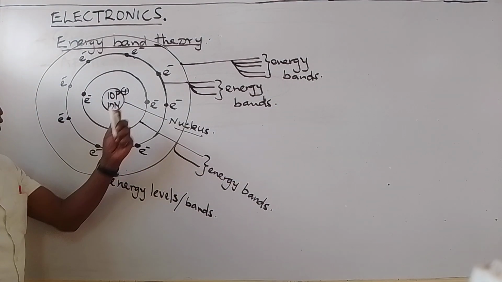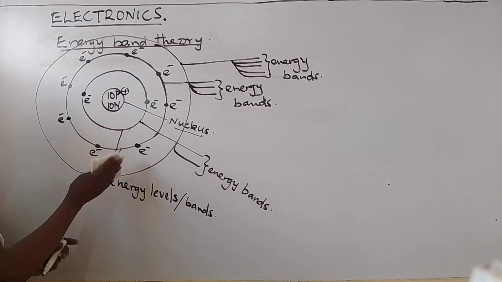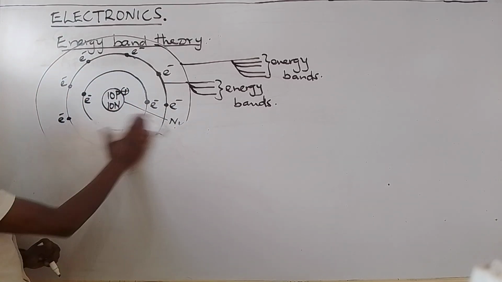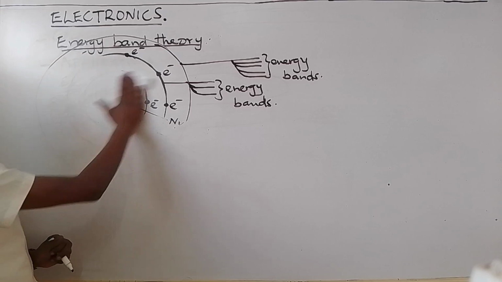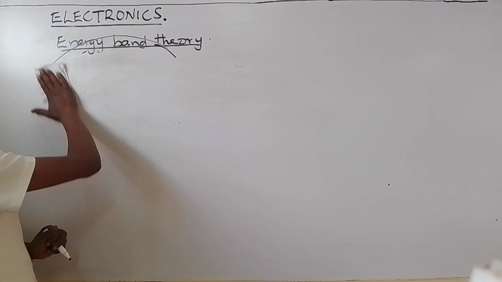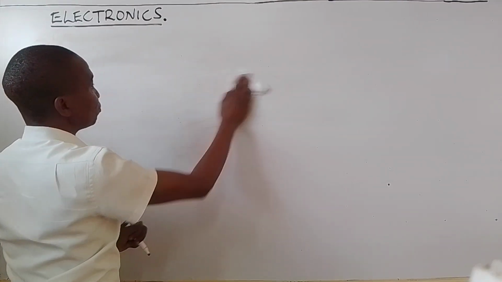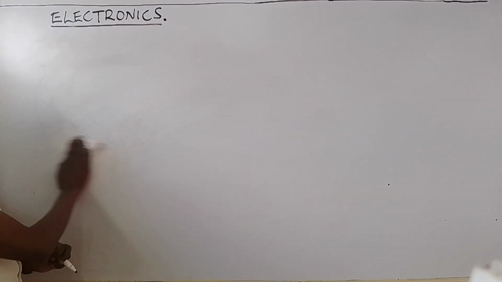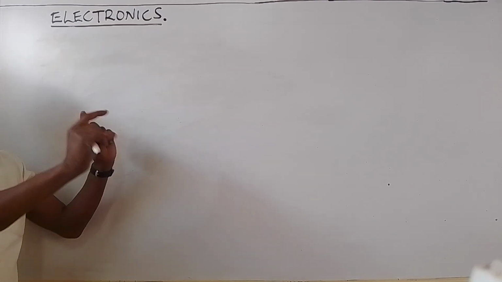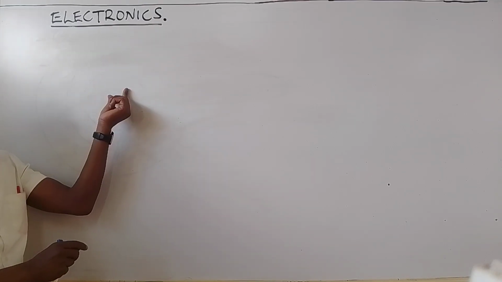But out of the many energy bands that may be formed when an energy level splits, there are only two bands which are important for electrons. We have seen the energy levels splitting into smaller energy bands, and the number of bands formed depends on the closeness of the energy level to the nucleus.